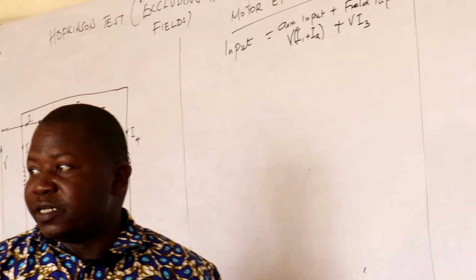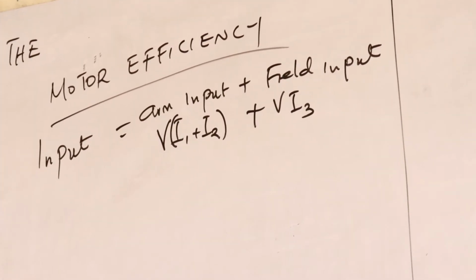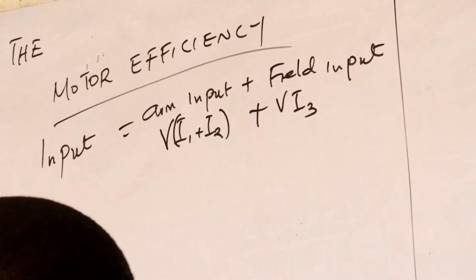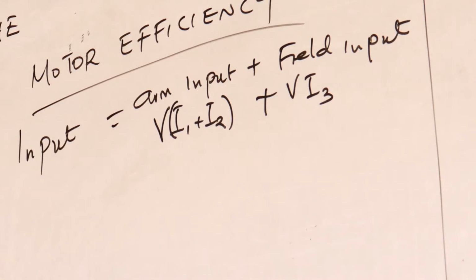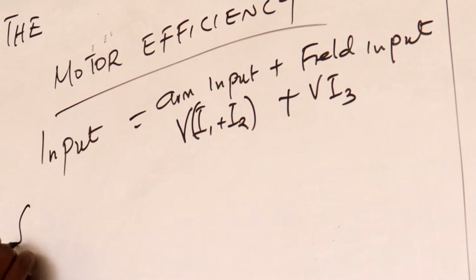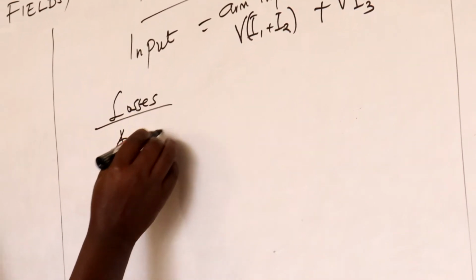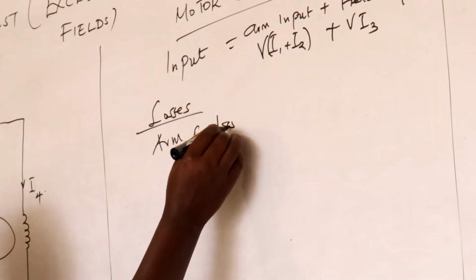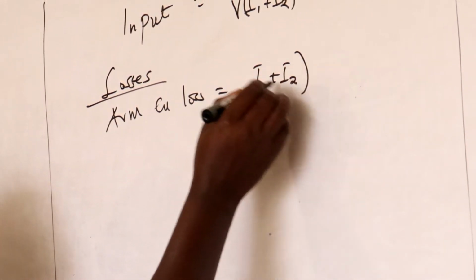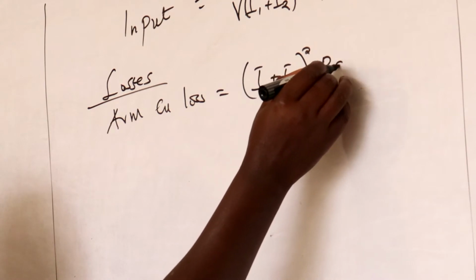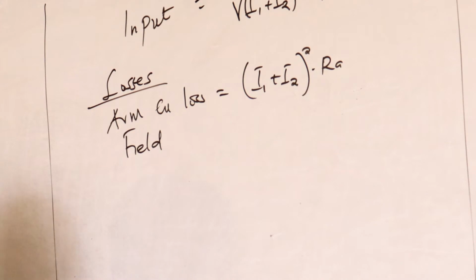That's another challenge in this. When you say excluding, there are two points to note. One, during the point of getting WC, do not include the field. Once we get that, we can now get the losses. Motor losses: first of all is armature copper loss, given by (I1 plus I2) squared R. Field copper loss, at this point the field is now there.